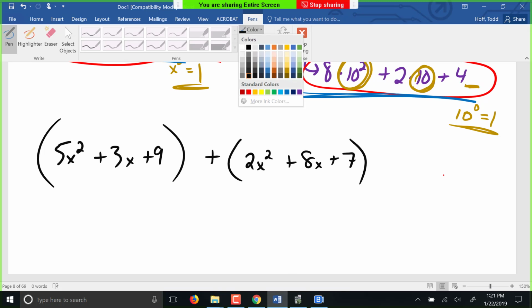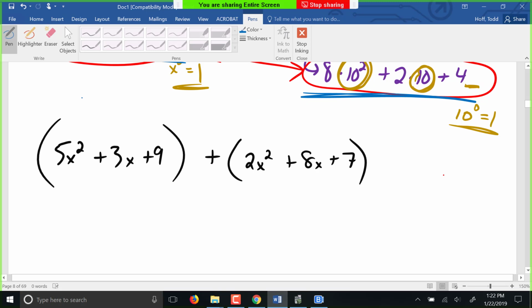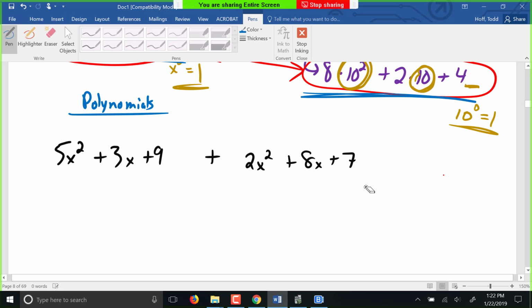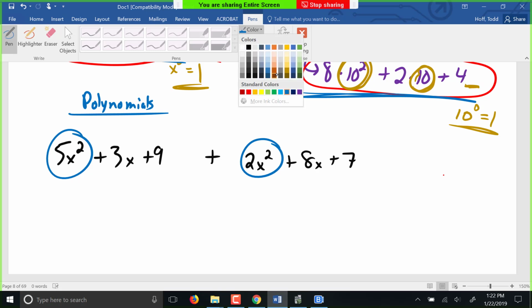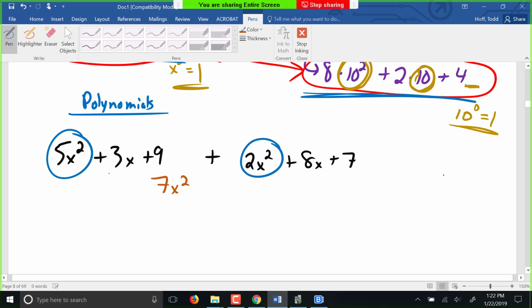We've all been taught strategies for adding them. The most common strategy, when you add algebraic numbers, polynomials, typically what we've been taught to do is remove the parentheses and just combine like terms. 5x squared and 2x squared make 7x squared. 3x and 8x make 11x. 9 and 7 make 16.